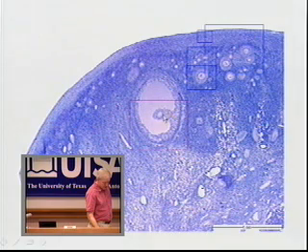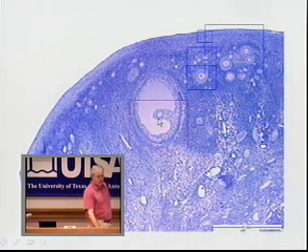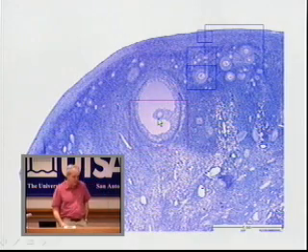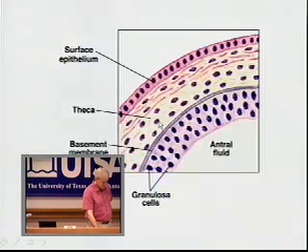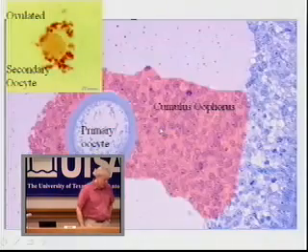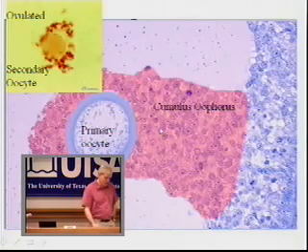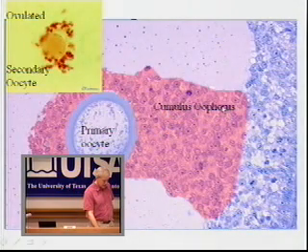There will be a column of these cells remaining to suspend the ovum and the surrounding granulosa cells within that liquor folliculi, the antral compartment. And the term for that column of cells is cumulus oophorus.